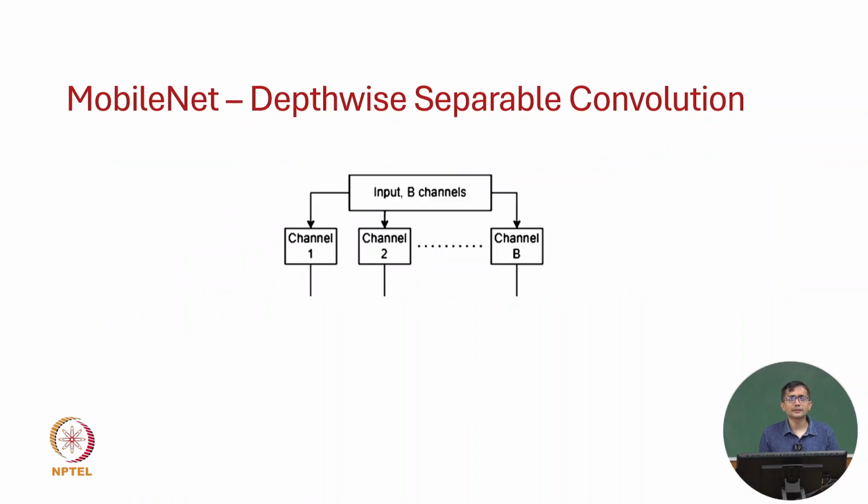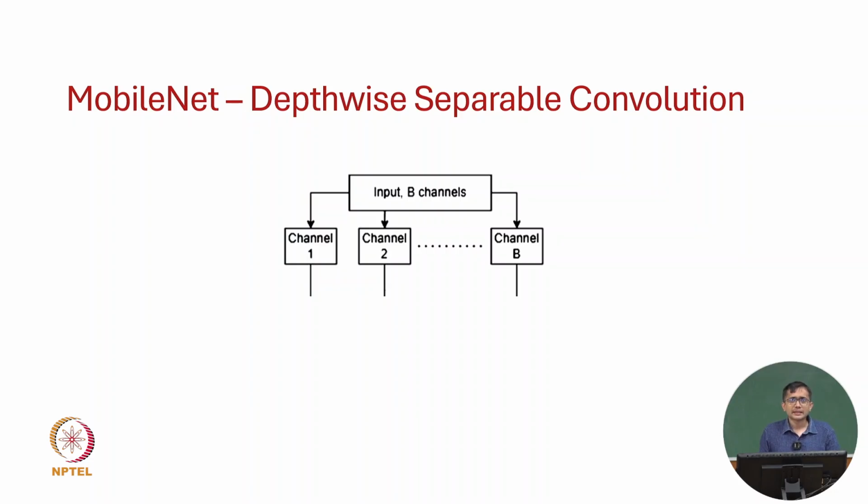Let us see a bit pictorially. This will help us to understand. Let's say we have an input which has B channels. Remember, like CNN feature maps, it could have 32 channels, 64 channels, or some other number, right? So likewise, let us assume that it has B channels.